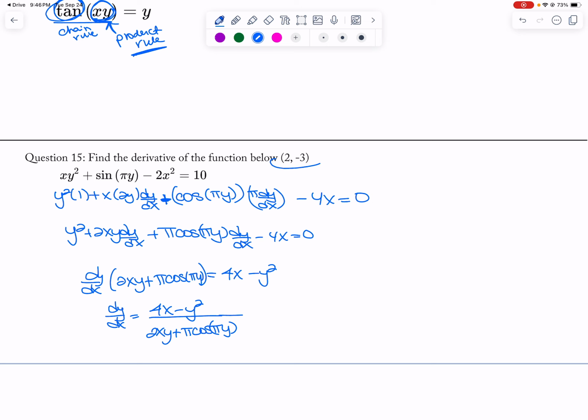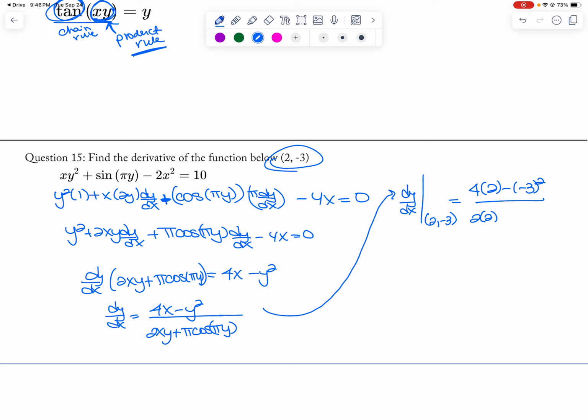And then I want that at this coordinate point. So I have dy dx, and I'm evaluating at 2, negative 3. So then this is 4 times 2 minus y squared, so that's negative 3 squared, over 2 times negative 3 plus pi cosine of pi y, so negative 3 pi.